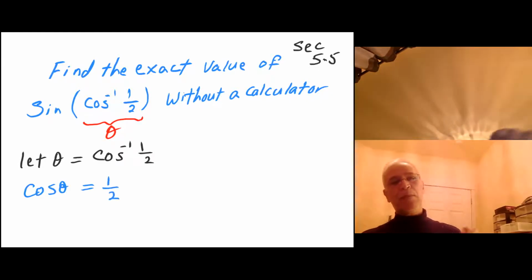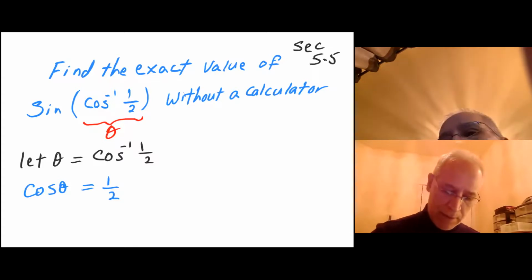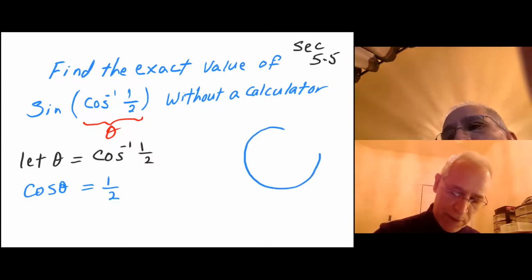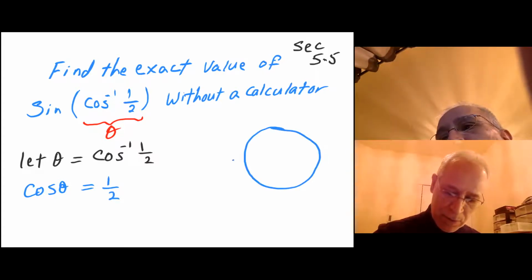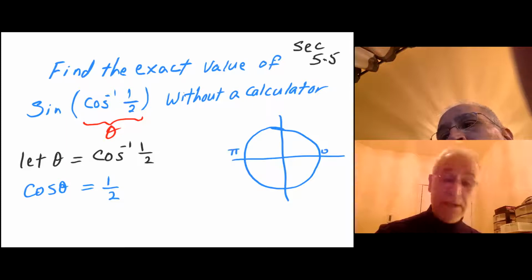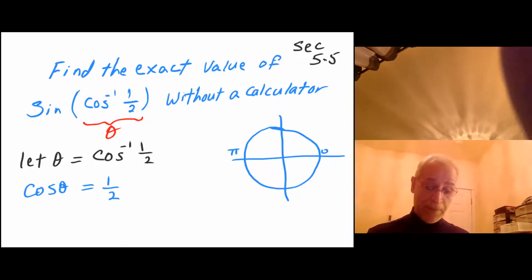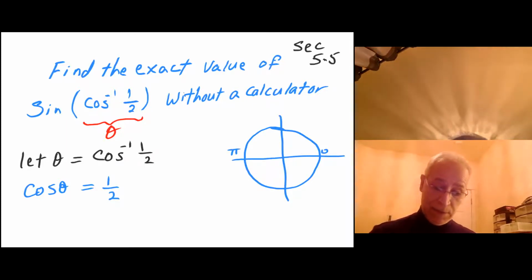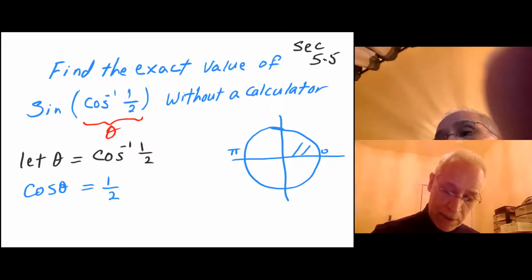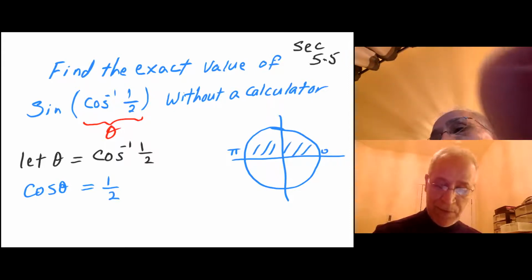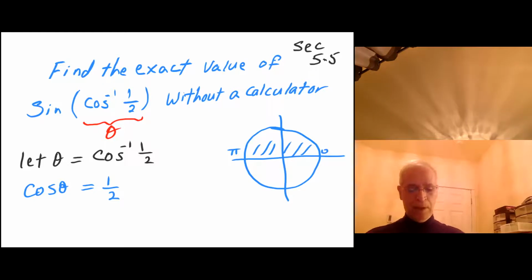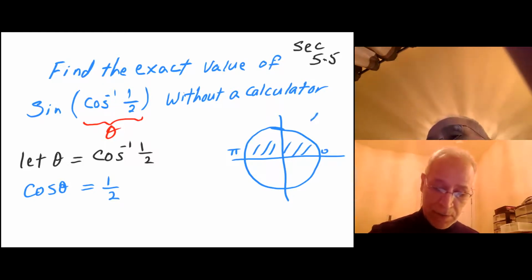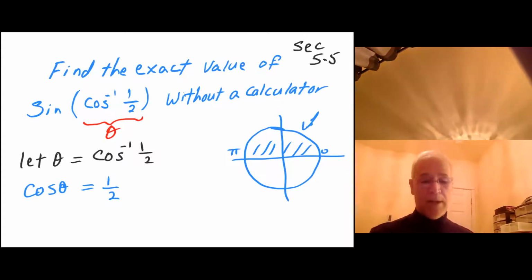I know the domain for cosine inverse is between 0 and pi on a unit circle. Well, cosine of theta in this case is positive, so I must be in quadrant 1.